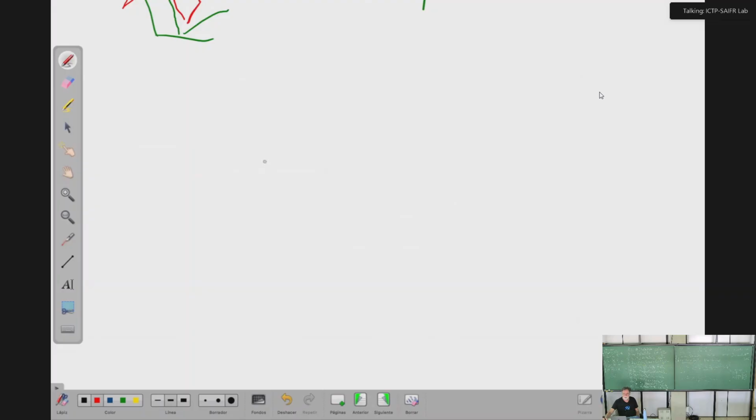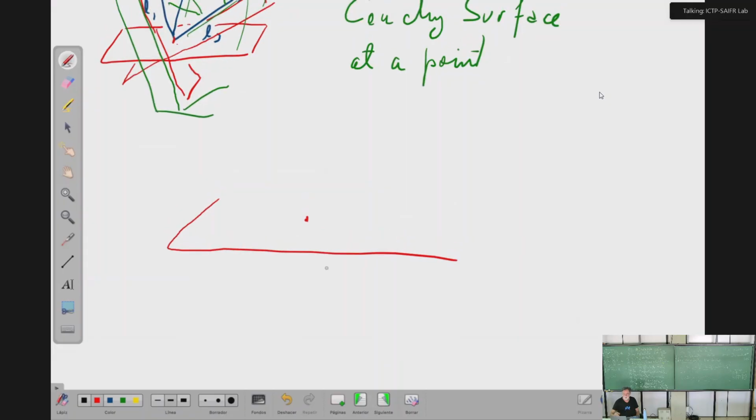And what is the importance of this? Suppose now I want to say, okay, I have a point here, and I want to see what points I can send signals to from here with my system of equations.